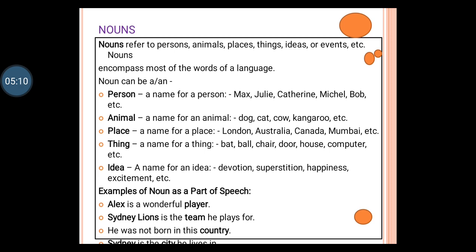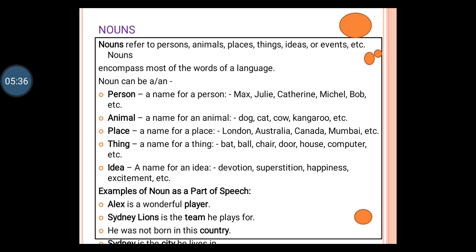Most of you would say that a noun is the name of a person, animal, place, or thing. A noun is the name of a person, animal, place, thing, or an idea. You are absolutely right. Nouns refer to persons, animals, places, things, ideas, or events.